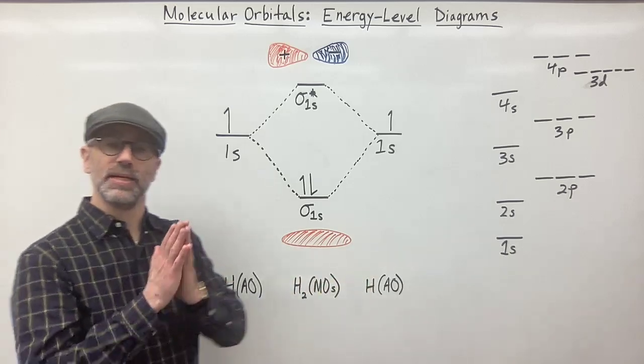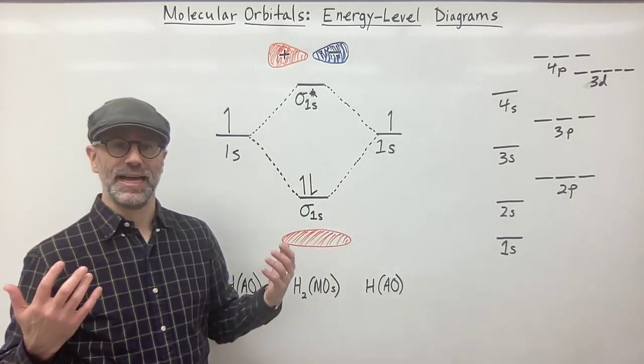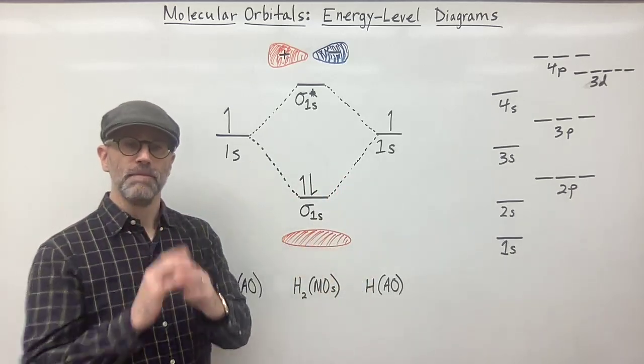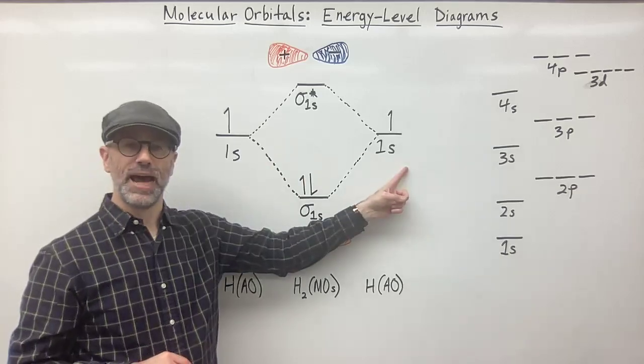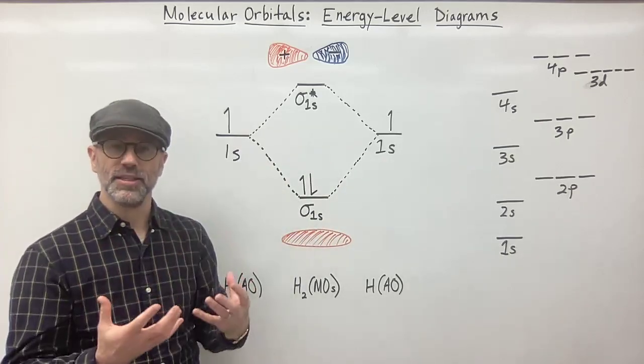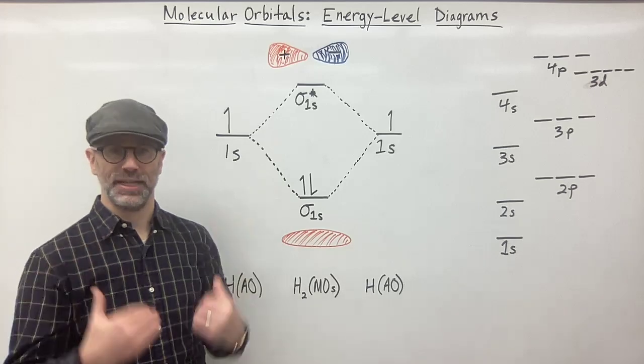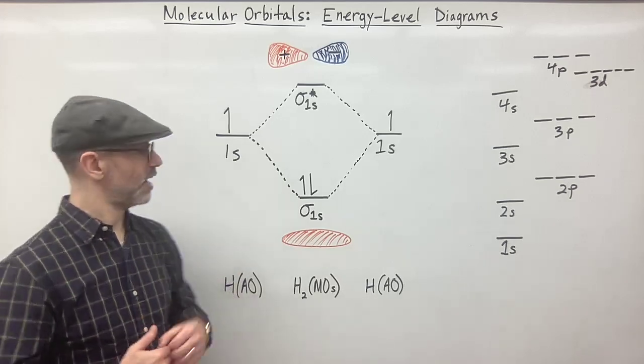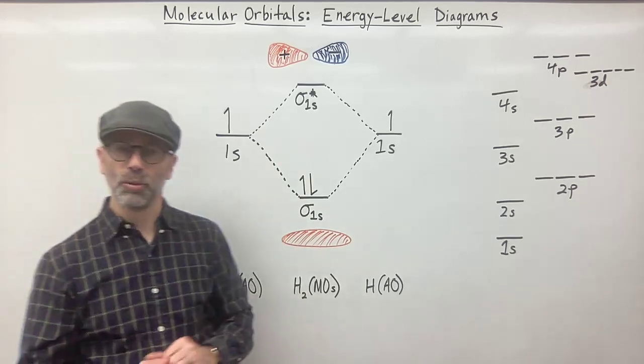The atoms being separate are going to be less stable than when they're together. So if you have two hydrogen atoms that are apart, they're going to come together really quickly, because that's going to be more stable, that's going to be less energy. So that's how you understand molecular orbital diagrams.